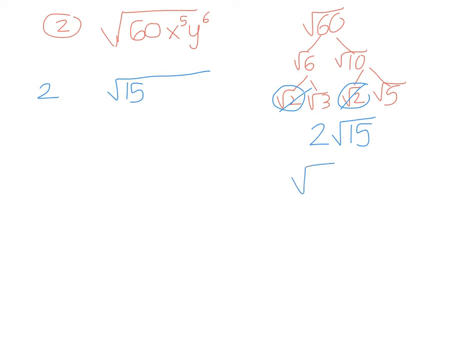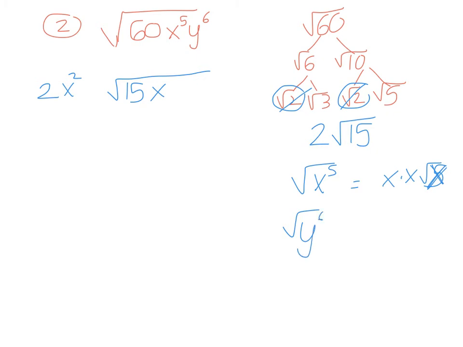Now I'm going to break down the next one, rad x to the 5th. Well, you might remember, or you might start to get it, there are 5 of them. The first 2 come out to be x, the next 2 come out to be x, the last one stays in to be x. So I have x squared on the outside, just plain x on the inside.